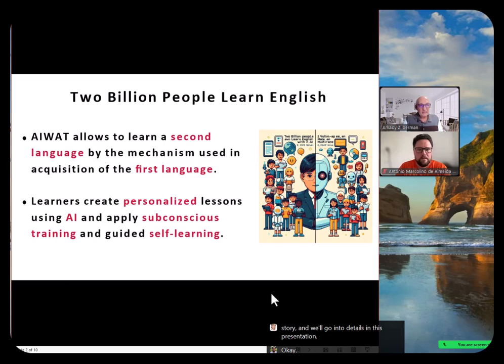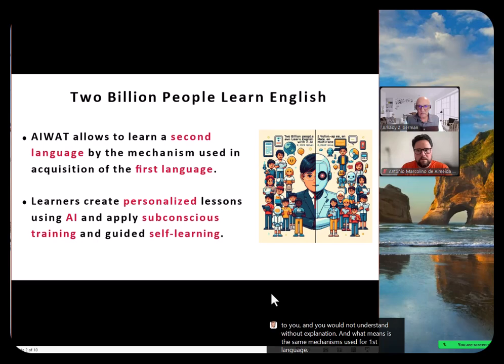2 billion people learn English. AIWAT allows you to learn a second language by the mechanism used in acquisition of the first language. This may not be quite clear to you, and you would not understand without explanation. It means the same mechanism as used for the first language.